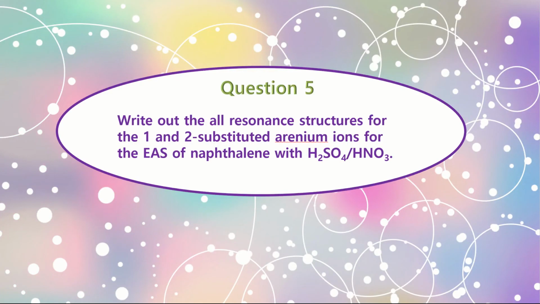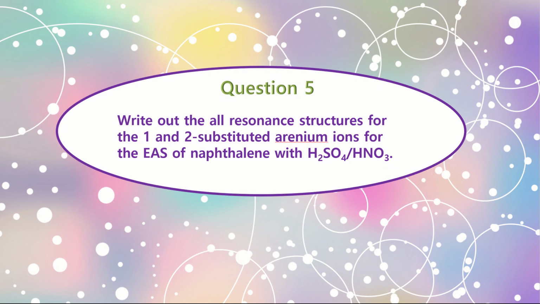So this leads us to our final question, question 5, which says write out all of the resonance structures for the 1 and 2 substituted areneum ions for the electrophilic aromatic substitution of naphthalene with sulfuric acid and nitric acid.